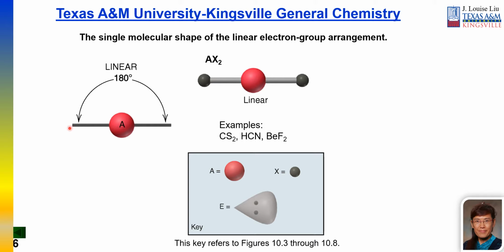In this case, you form a bond angle of 180 degrees. The bond angle is 180 degrees. This structure, you call it linear structure. Linear structure, you form a single straight line.